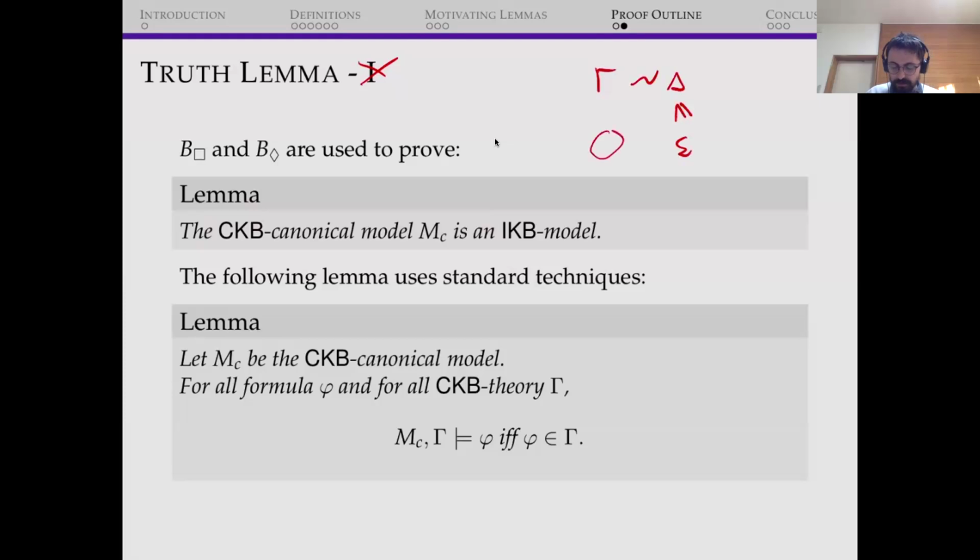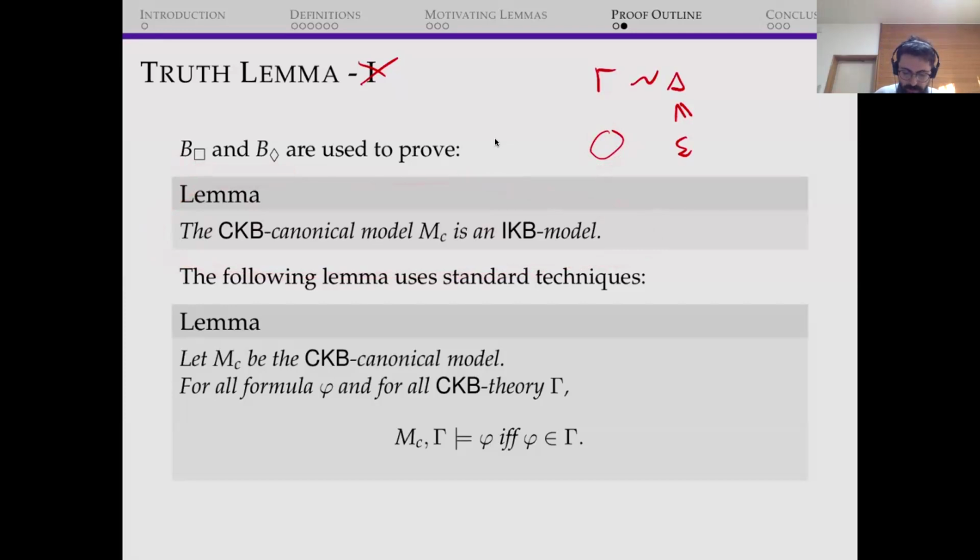Then you can build a word like this, and to show that such a word exists, we use the B axiom like 2 or 3 times, which is not available if you're trying to look at the constructive version of S4 or something like that. And this is a key part of using these axioms to get the confluences.